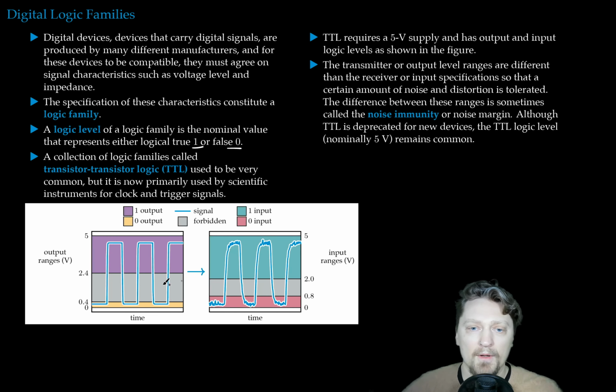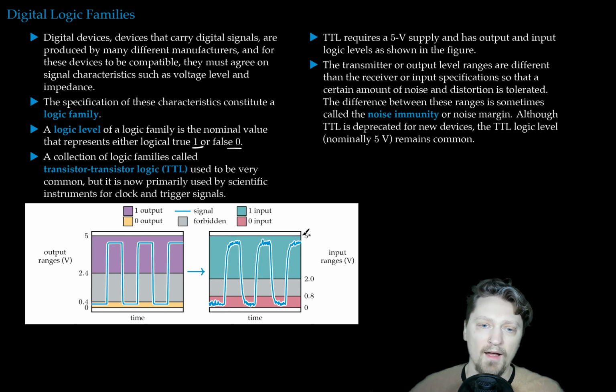On the other side, once we've gone through the channel, for an input device, we should have 1 represented by 5 volts down to 2 volts. Notice that the range got a little bit bigger. And 0 to 0.8 volts for representing 0. That also got bigger.